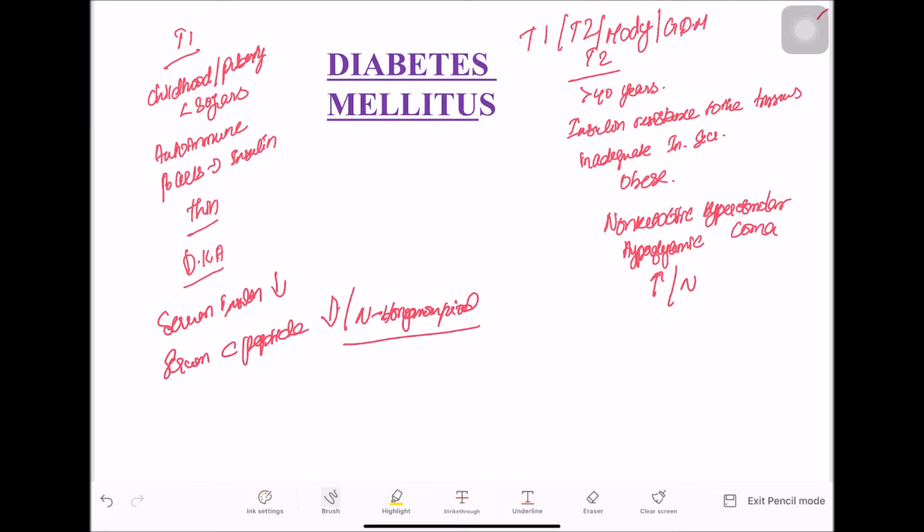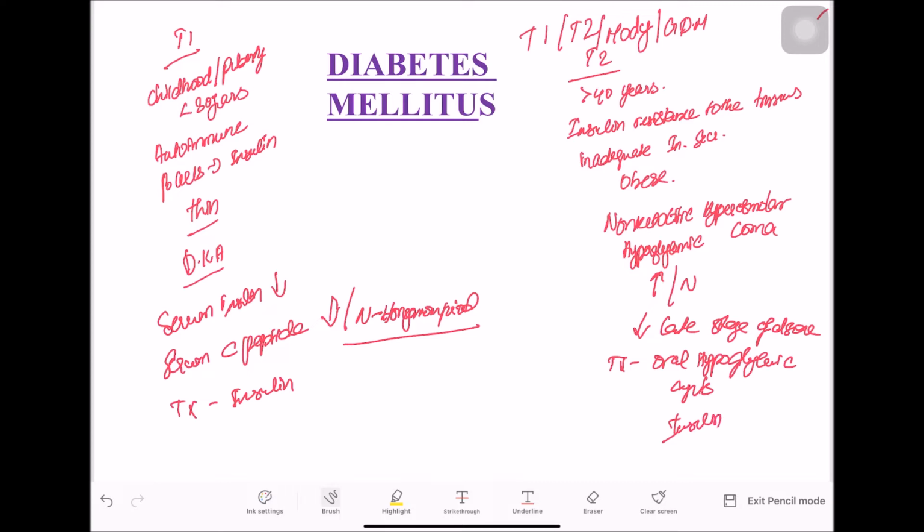In type 2 diabetes mellitus, it will be decreased in the late stage of disease. The treatment of type 1 diabetes mellitus is insulin. In type 2, we will give oral hypoglycemic drugs or agents. Sometimes we will use insulin also in a type of coma.